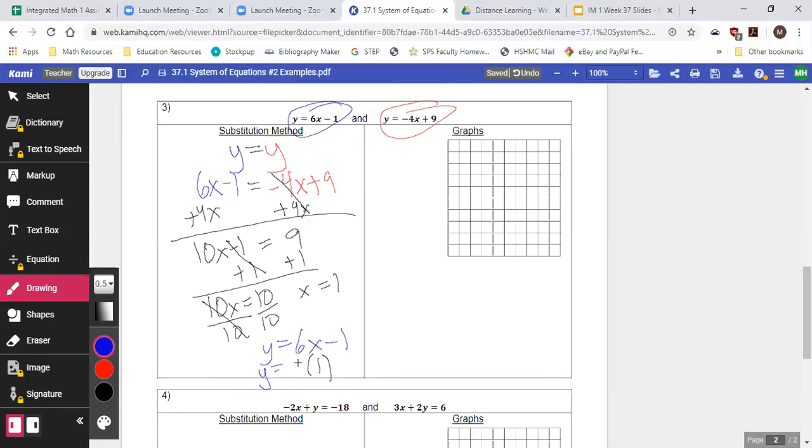So now we have y equals 6 times 1 minus 1. 6 times 1 is 6, minus 1 is 5. So y equals 5. Therefore, our point of intersection is going to be our x value, which is 1, and our y value, which is 5. Questions?